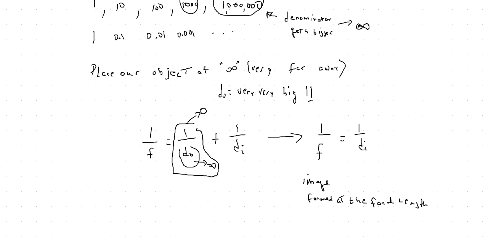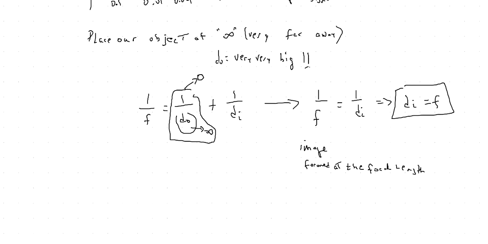So if 1 over F is equal to 1 over DI, that means DI is just equal to F. The image is formed at the focal length. Okay? Very good. Keep that in mind.